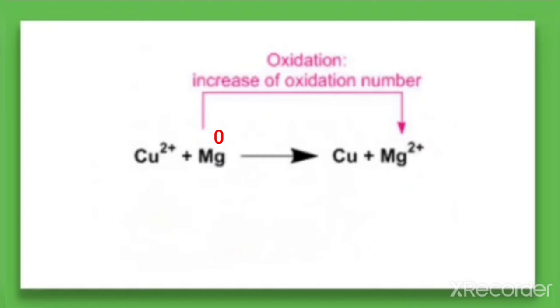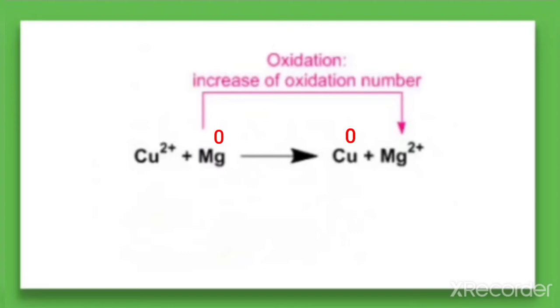Now look at the other one, that is copper. Copper on the reactant side is in the ion form, therefore its charge, +2, is the oxidation state. So we are writing its oxidation state here as +2. But on the product side, copper has zero oxidation state because the copper here is in the free state.